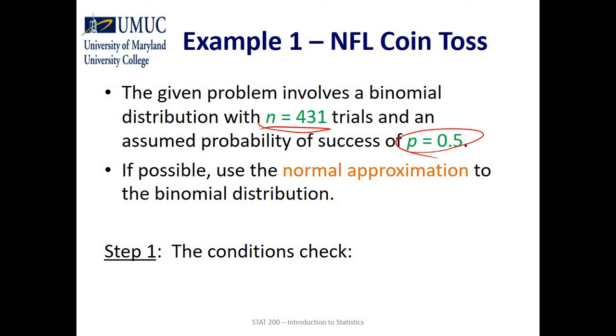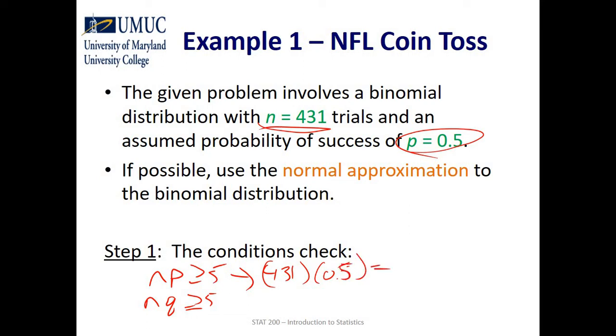And what were they? Well, we have to have np greater than or equal to 5 and nq greater than or equal to 5. So np will be 431 times p, which is 0.5, which gives us 215.5, not 2.15, 215.5, which is in fact greater than or equal to 5.